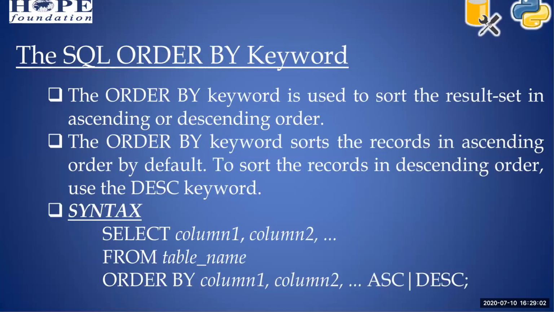Next is the SQL ORDER BY keyword. The ORDER BY keyword is used to get your result in ascending or descending order. You can pass one or more columns in the ORDER BY clause. It sorts the result set, that is, what is printed on screen, in ascending or descending order.